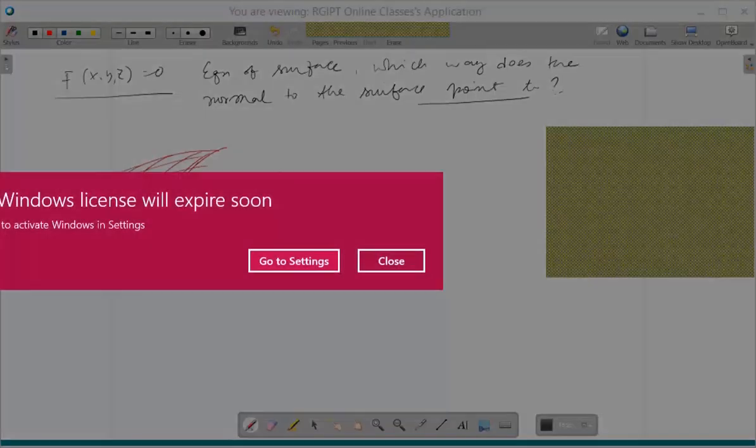Something like that. And this is my x-axis, and y and z are these. This is my surface, which is given by f of x comma y comma z equal to 0.